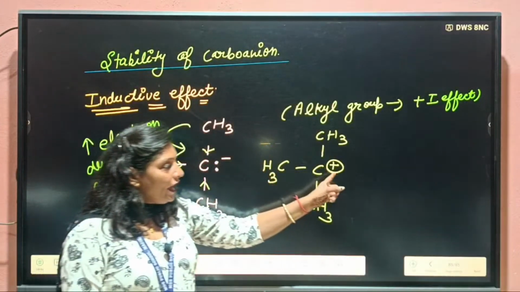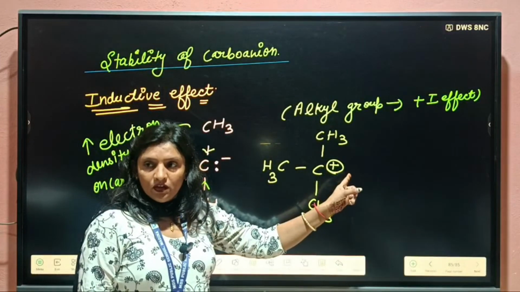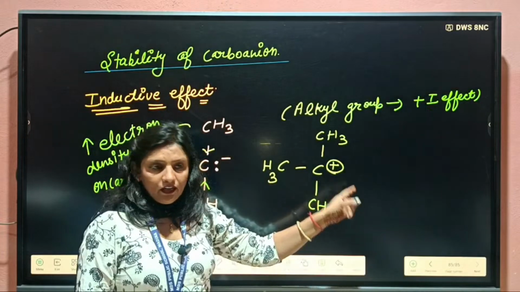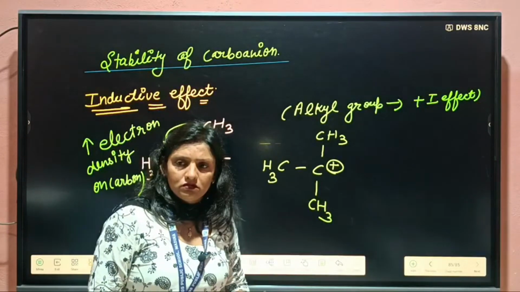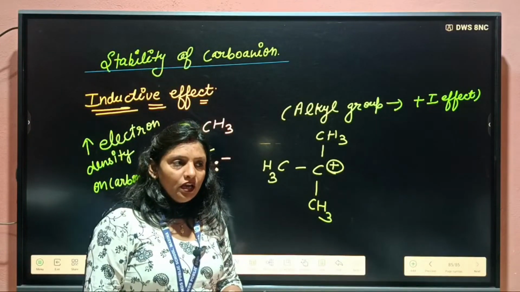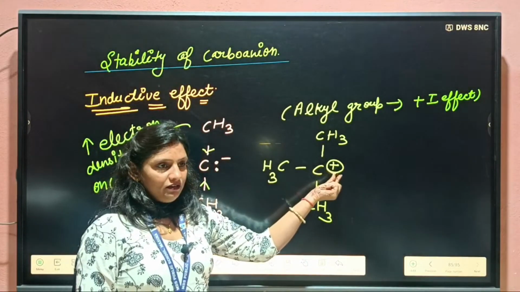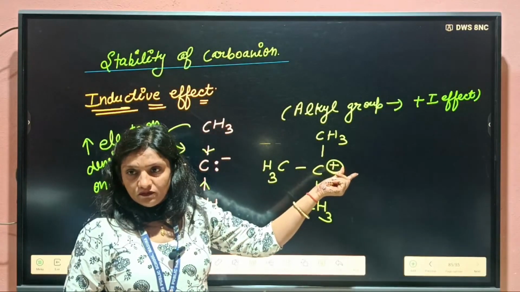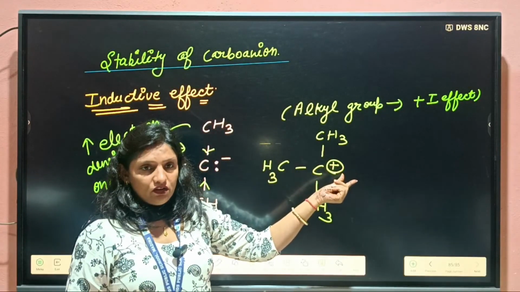Here carbon has a positive charge. Carbon has a deficiency of electrons. It needs some more electrons. Here it is hungry. It needs some food for eating. So from where can it take? Where is the availability?